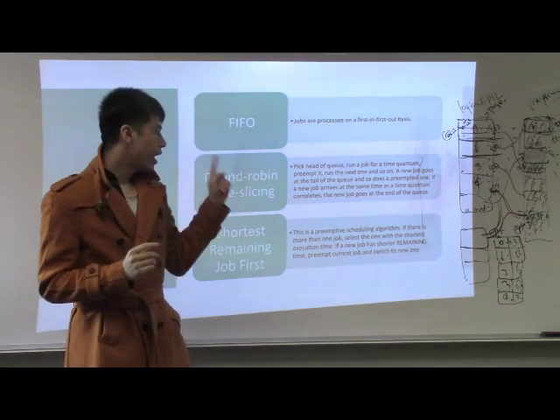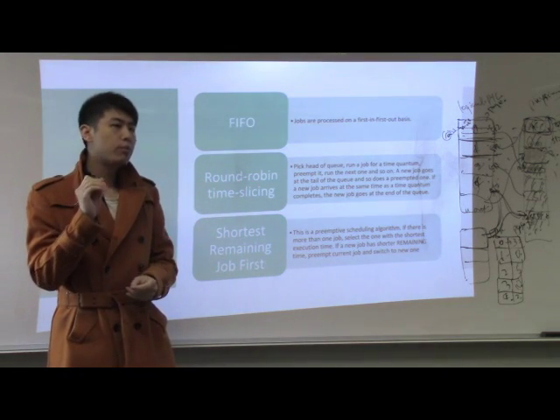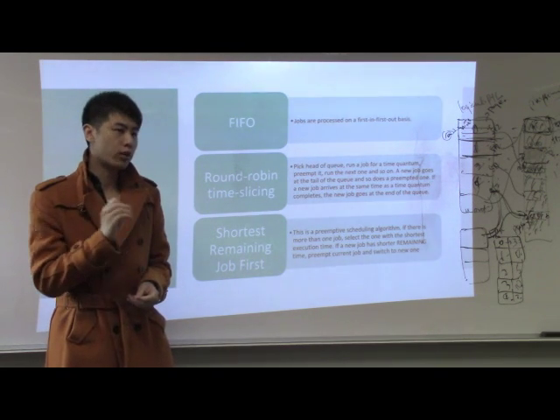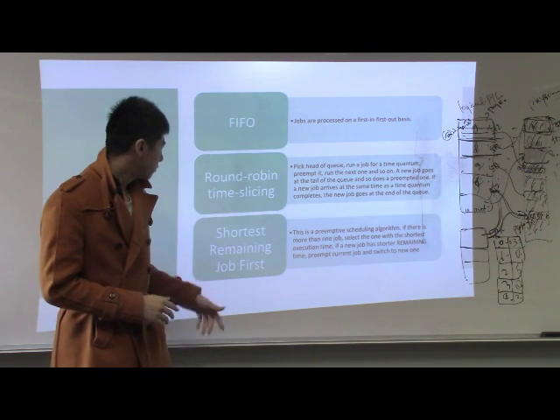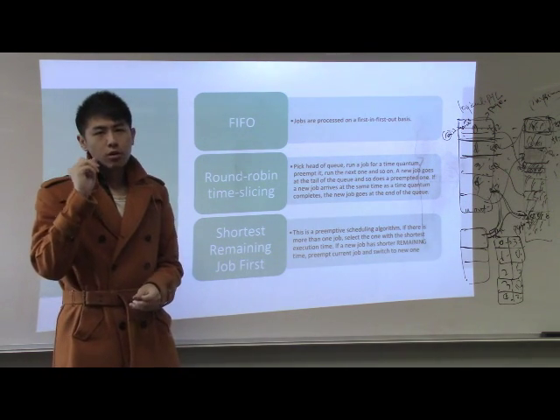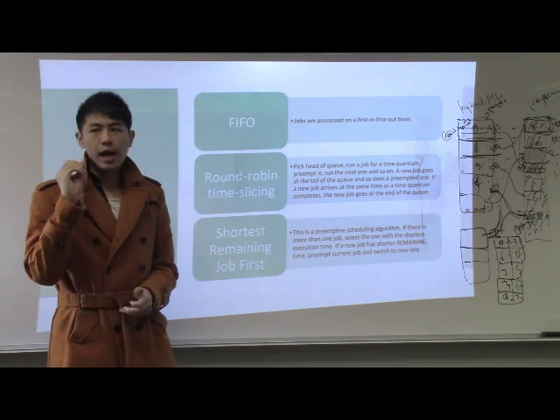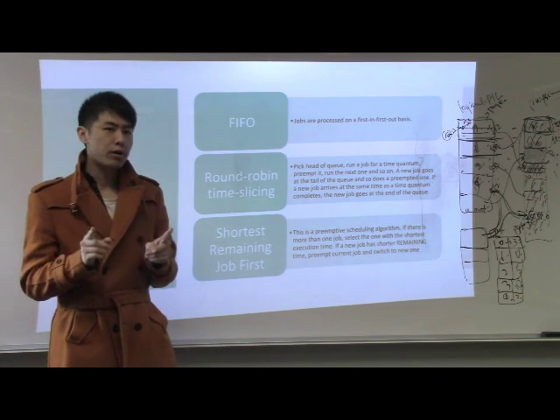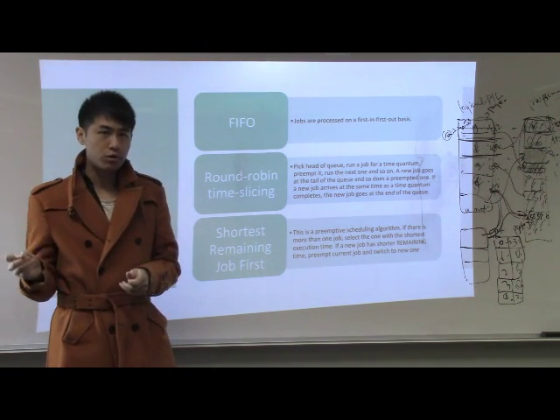And anytime a new job arrives, put the new job at the end of the queue. And shortest remaining job first. Run the shortest job in the queue. And every time a new job arrives, you need to compare the two of them. And if the new job is shorter, switch.